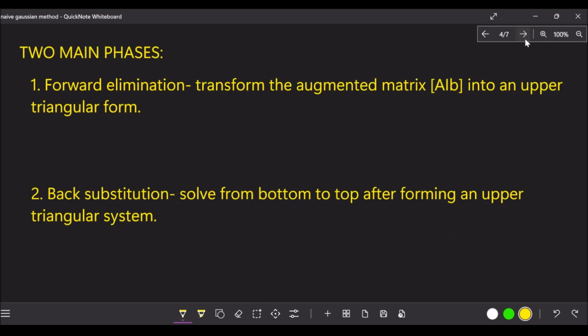Okay, so let's proceed now with the two main phases of naive Gaussian elimination. The first one is forward elimination, which transforms the augmented matrix into an upper triangular form.